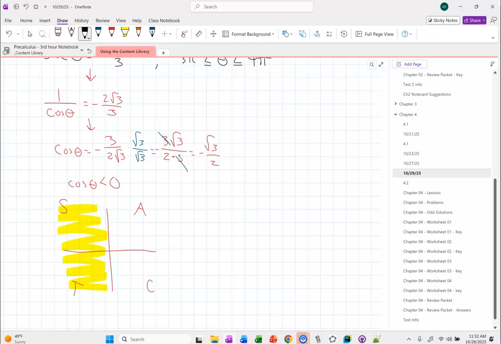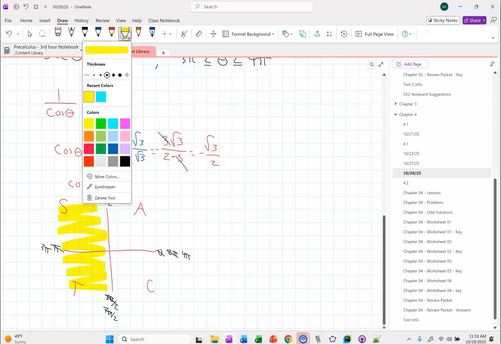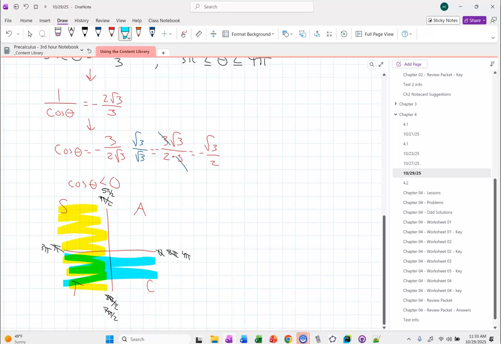Do it again: 0, half, 1, 1.5, 2, 2.5, 3, that's the start, 3.5, and then 4. Does that say 5 pi over 2 on top? Yes. That's alpha. So then you just find both options.